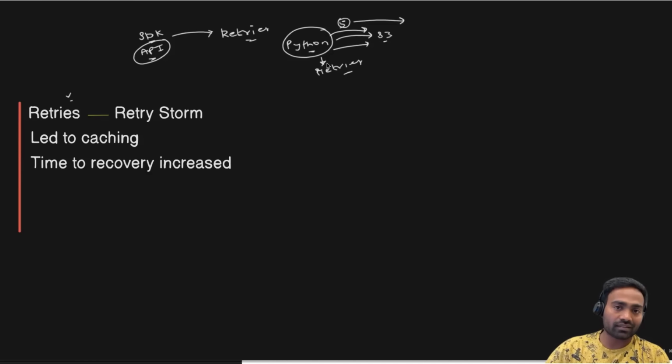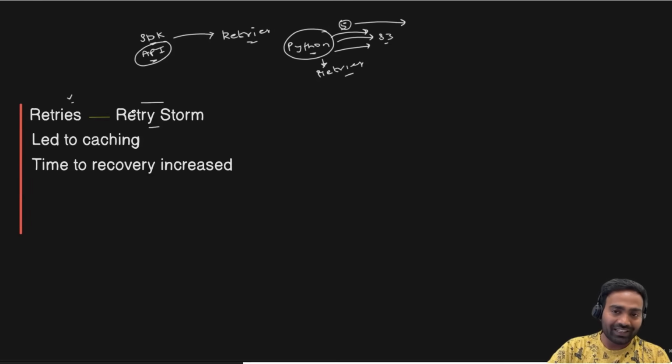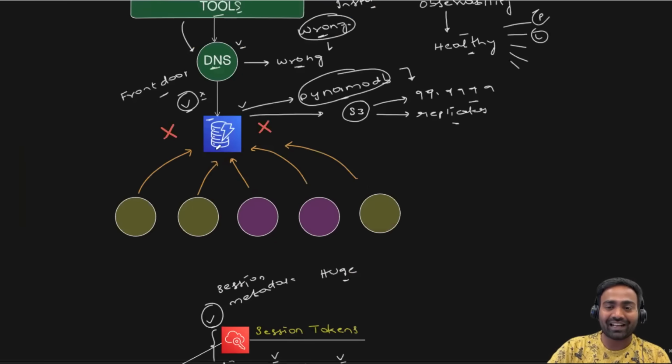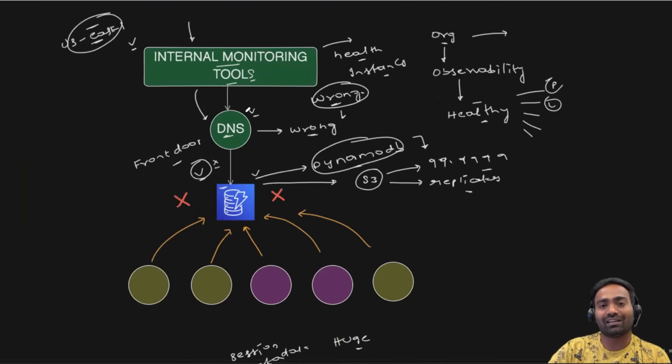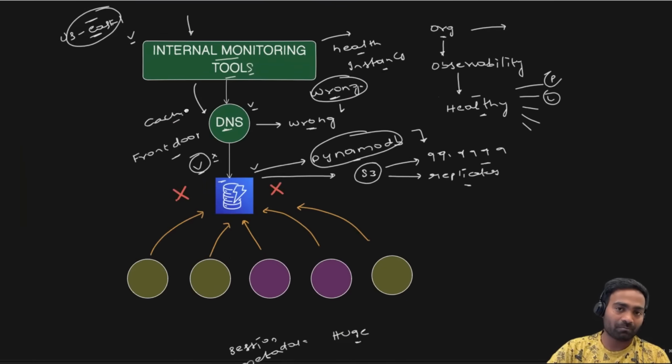Now, because there was already an outage, people were trying again and again, maybe manually or through SDKs. So this led to a retry storm. The DNS service was already impacted, and because of these multiple retries, the DNS cache was also impacted, right?